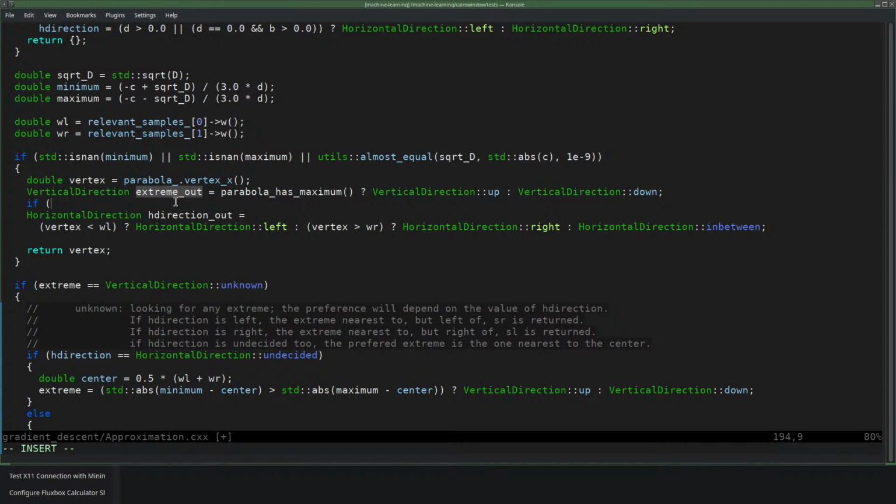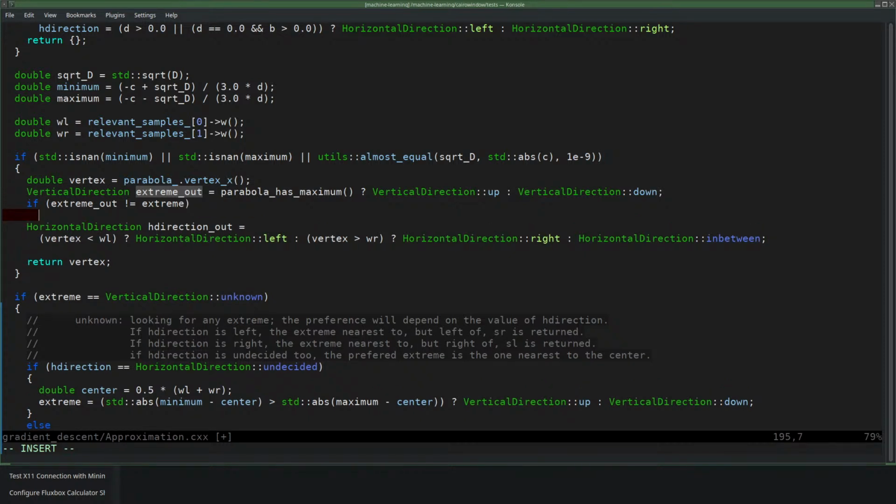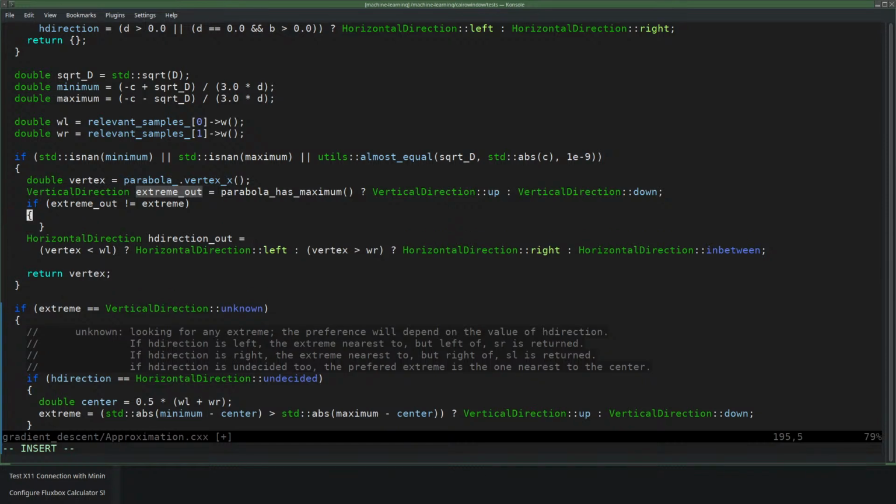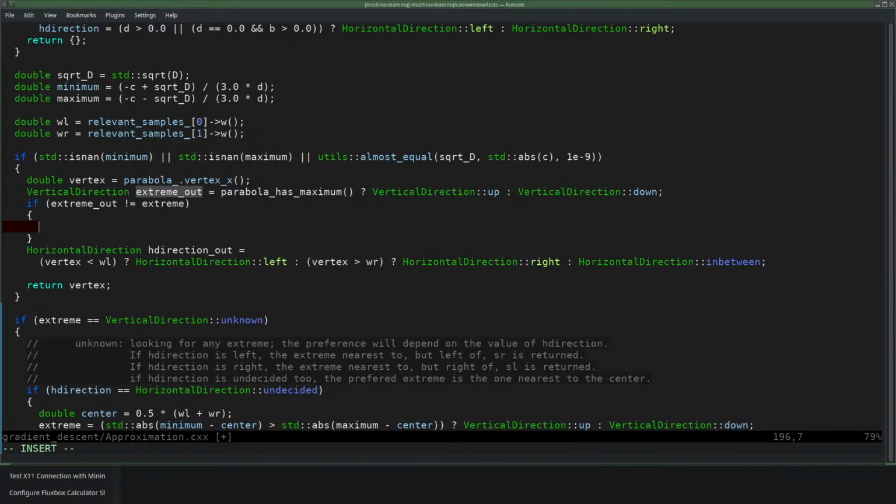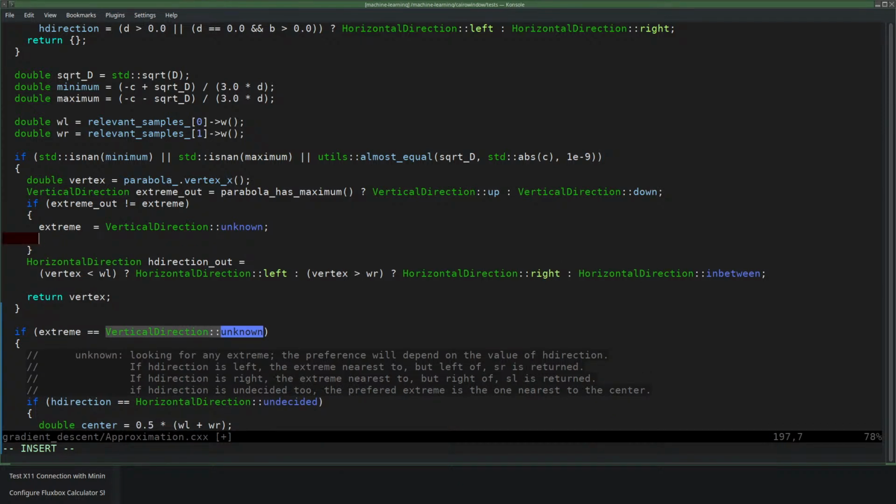So if the extreme out is unequal extreme, that would be the requested one, then reject, which means that extreme must be set to vertical direction unknown, and return something undefined.